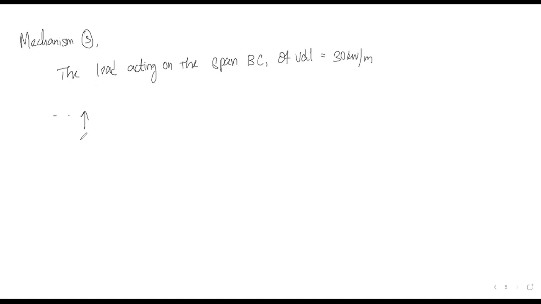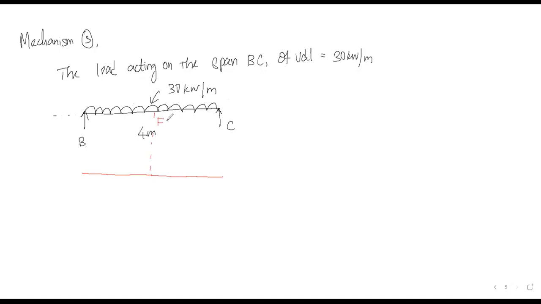Here we can have the span, so B, here it is C, and here we can have the load 30 kilonewton per meter. So the span length is 4 meter. Now with respect to this mechanism, the diagram will be, since it is UDL, I am going to draw like this. This place I am going to say it is F, the midspan of the span.